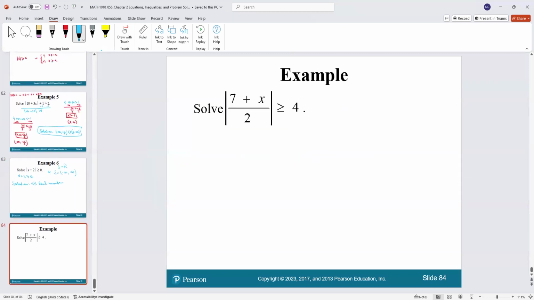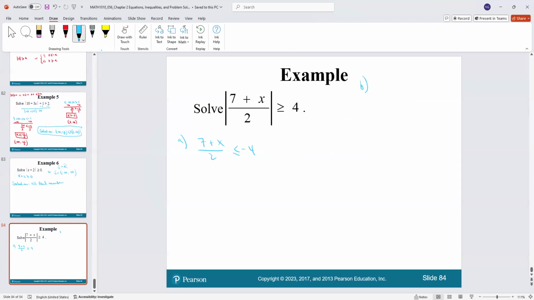All right. Last one to complete this chapter. We see here we can still have two of them also. The first equation, we're going to have (7 plus x) over 2 less than or equal to negative 4.